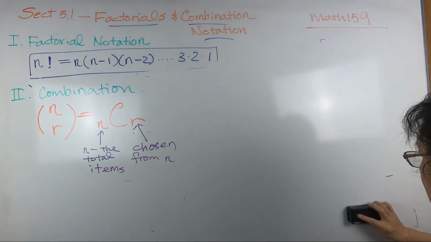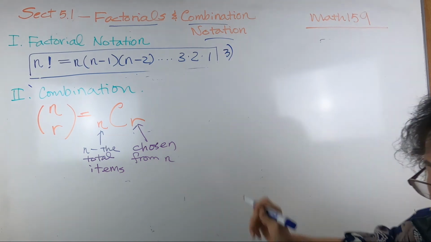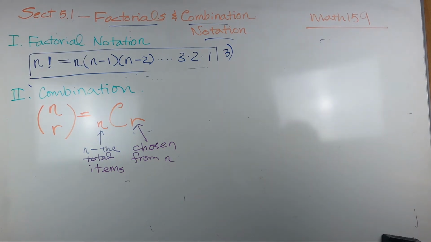Let's look at the next example on your page 44, right? Take a look. It says, Caitlin has 10 friends. If she can invite 2 of her friends to join her on a trip, how many groups of 2 people can she select?